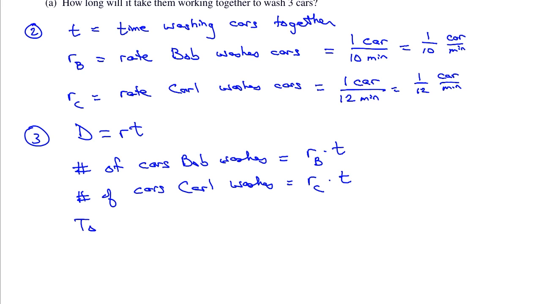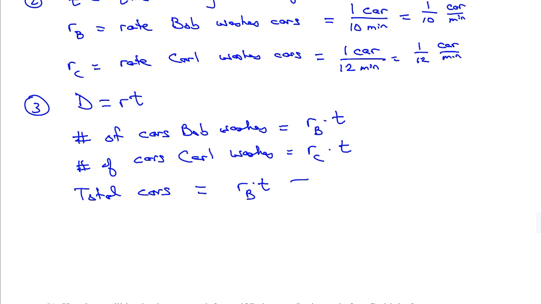And together, the total cars will be equal to the number of cars that Bob has washed, so that's R sub B times T, plus the number of cars that Carl has washed, R sub C times T.